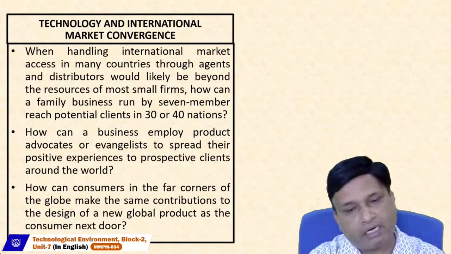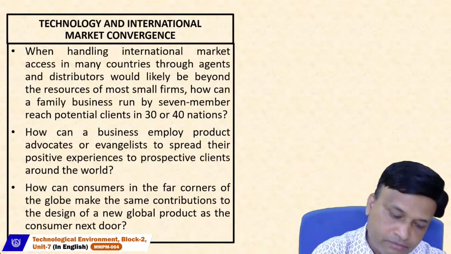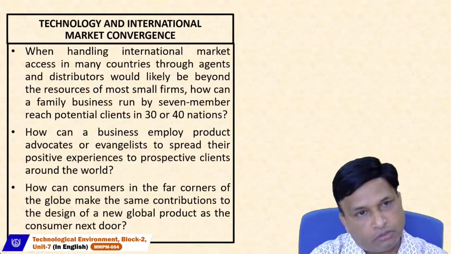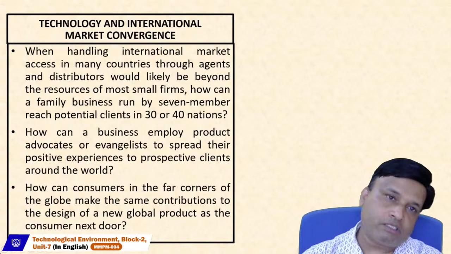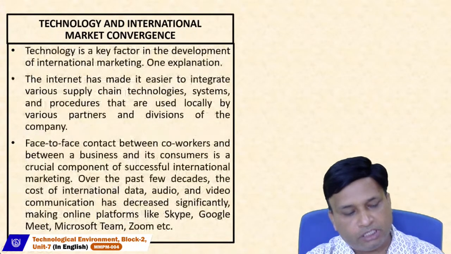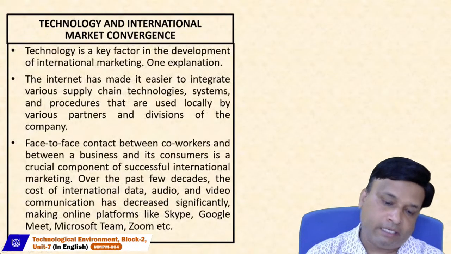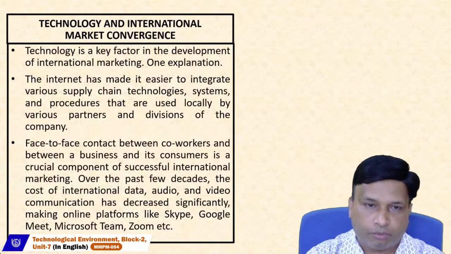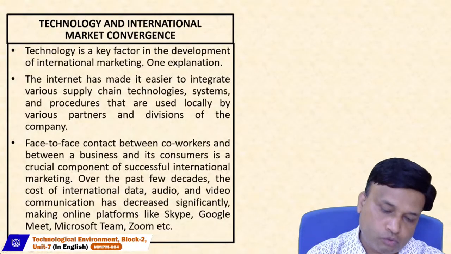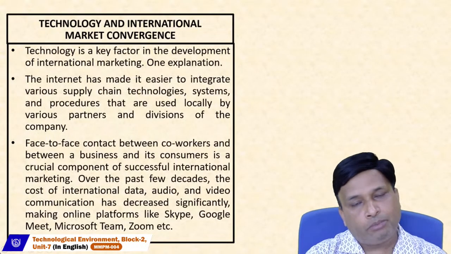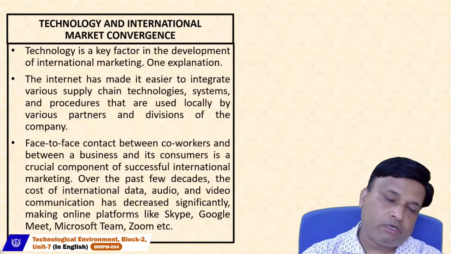How can consumers in far corners of the globe make their contribution to the design of a global product easily? Because of access to technology. So, in brief, we can talk about convergence: technology is converging and making the whole world into one country, and it integrates the supply chain, the system procedures, and also integrates people from different parts of the world through Google Meet, Skype or Zoom.